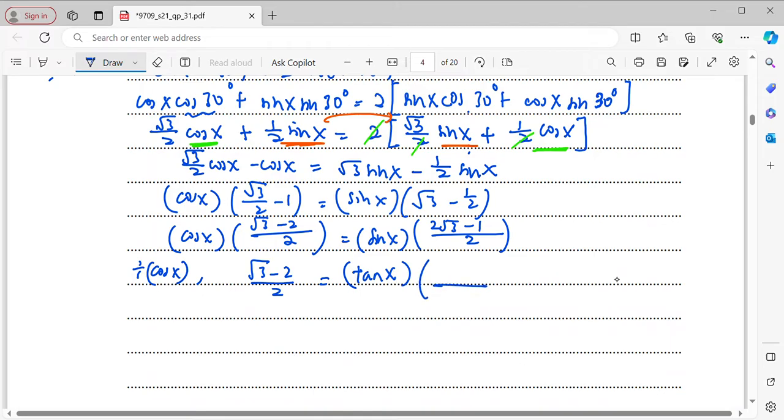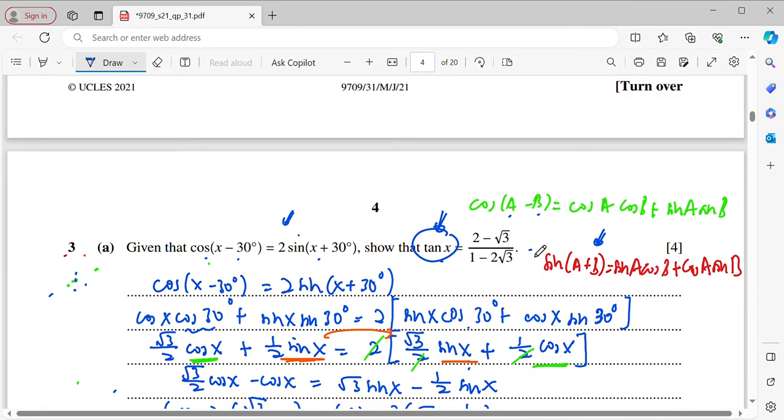Then here is going to be 2 square root 3 minus 1 divided by 2. And now we look at both sides. Both denominators can be cancelled off. Then, in order to get the tangent x, the coefficient for the tangent x will be moved down to the other side. So my tangent x is going to be square root 3 minus 2 over 2 square root 3 minus 1.